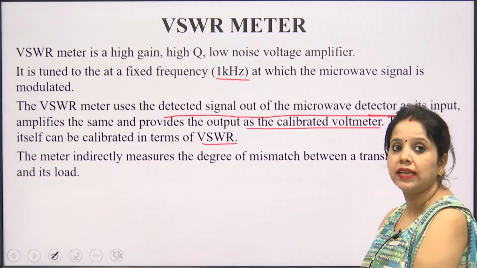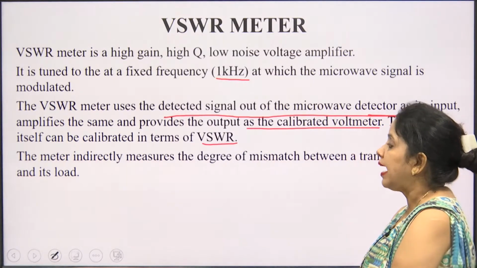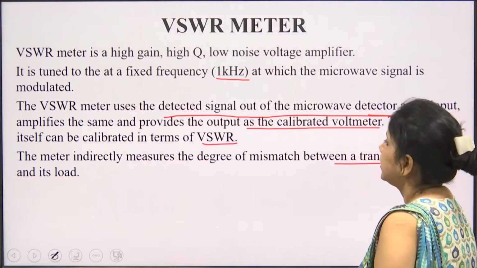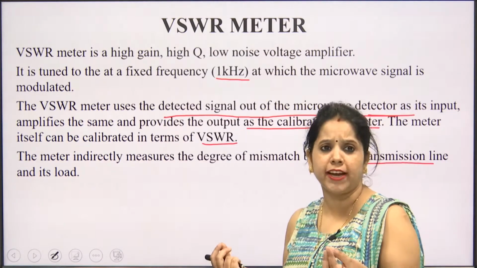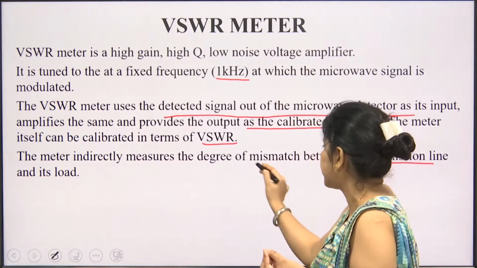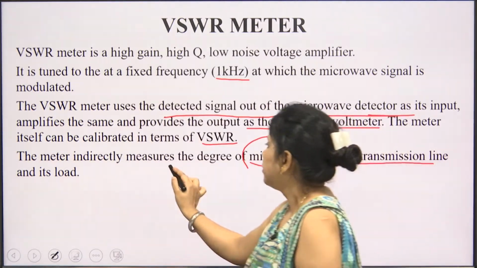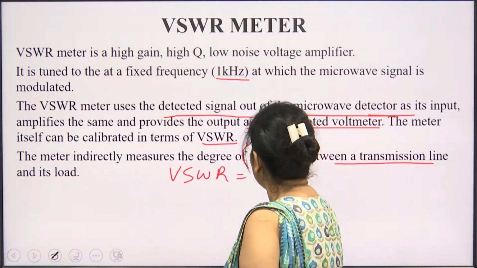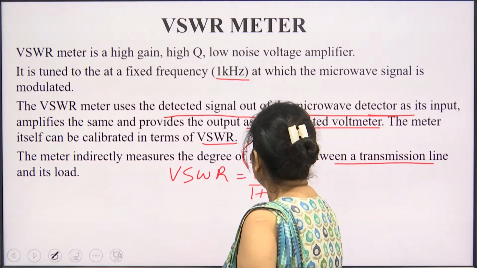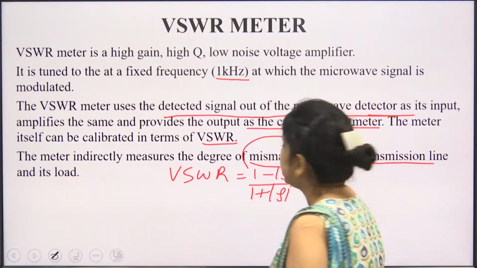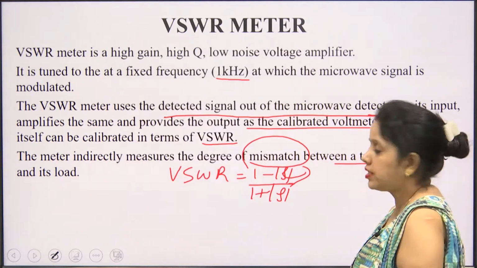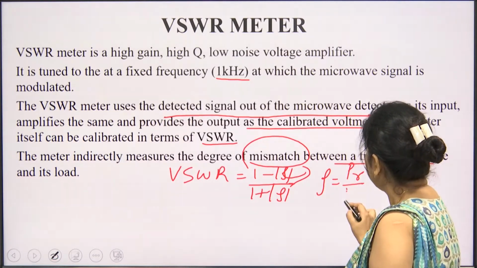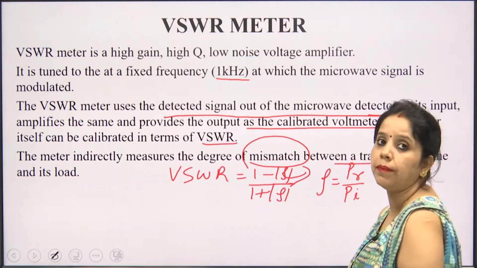So, this is basically our VSWR. It directly measures the degree of mismatch between the transmission line and its load. Why are we using the term mismatch? Because VSWR is equal to (1 plus rho) upon (1 minus rho), and rho is our reflection coefficient, which is the power reflected upon the power incident.